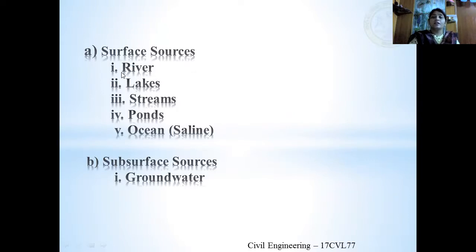So these sources again depend on the hydrological cycle. The water from any source will not be of the required quality. So when I want to utilize it for a particular purpose, I need to check its quality, whether it is potable, whether it is wholesome, whether it does not contain any impurities.